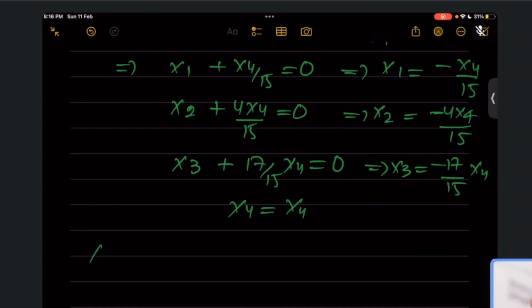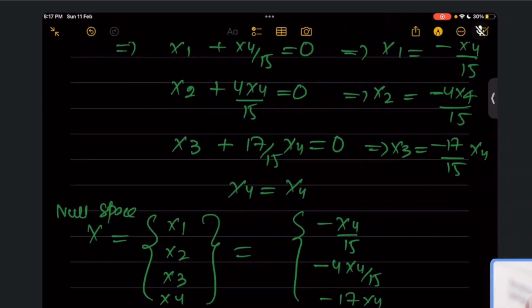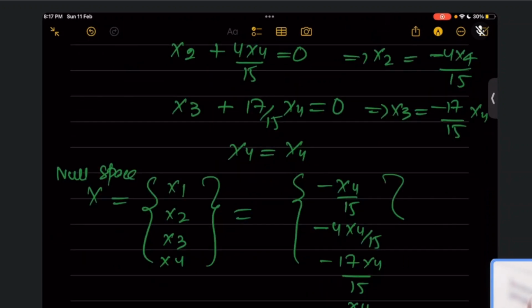We can replace them with the values in terms of x4: minus x4 by 15, minus 4 times x4 by 15, minus 17 times x4 by 15, and the last one is x4.